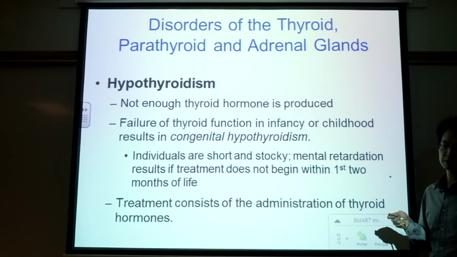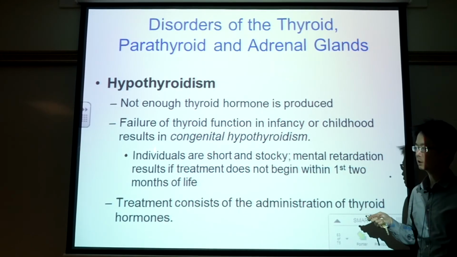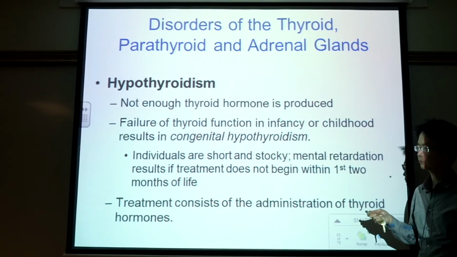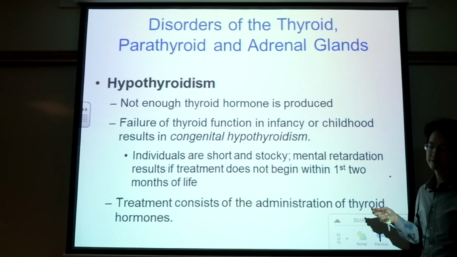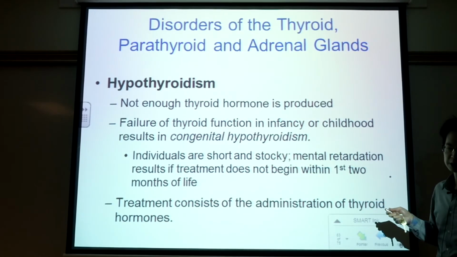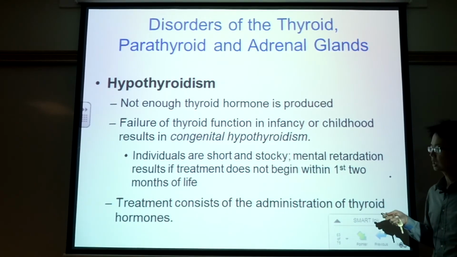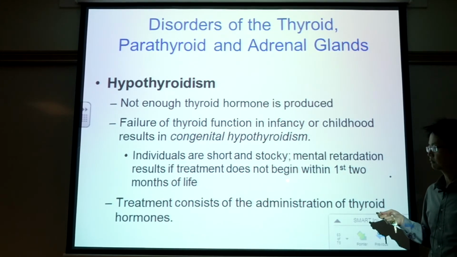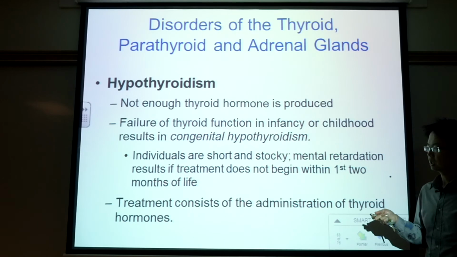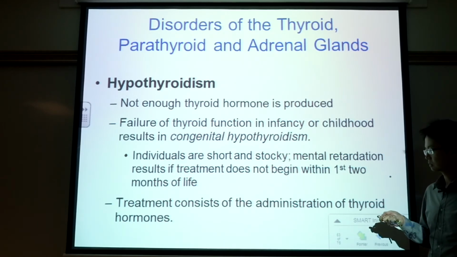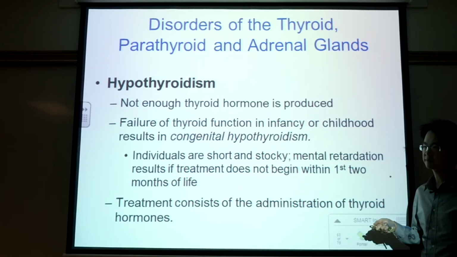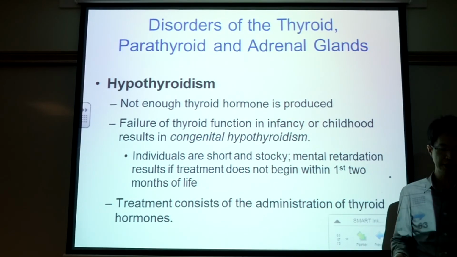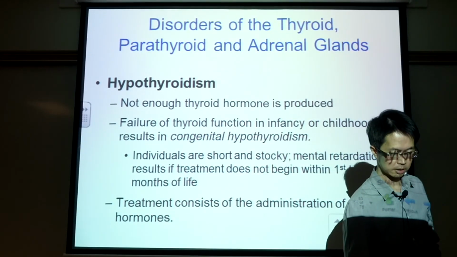That will make the kid become very short. In severe cases, it can induce mental retardation if the treatment has not started within the first 2 months. Basically, we just give them thyroid hormone to replenish the body.